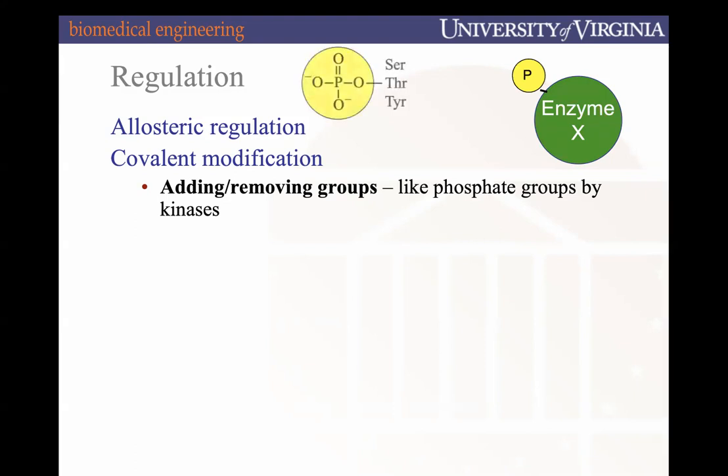That's one form of regulation here. Phosphate groups are typically added on specific amino acids. There are three specific amino acids that phosphate groups can be added to: serines, threonines, and tyrosines. As an example, there are specific kinases that add to tyrosine. They're called tyrosine kinases. That'll be easy to remember.